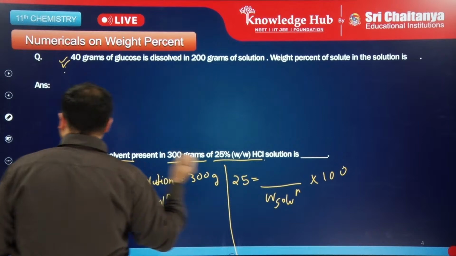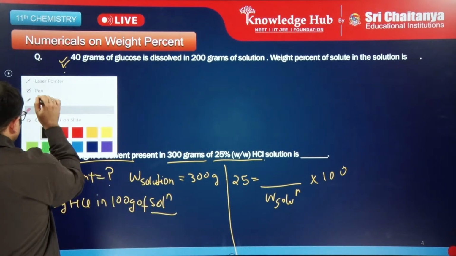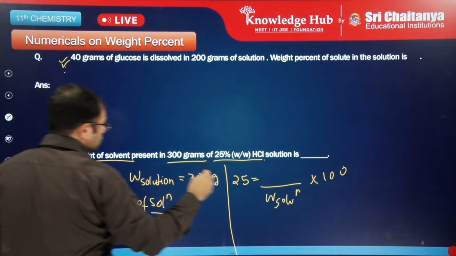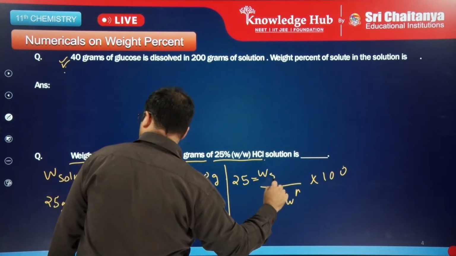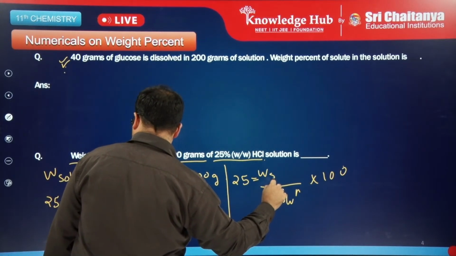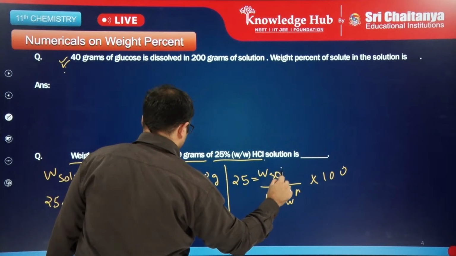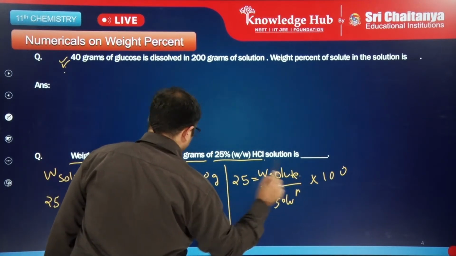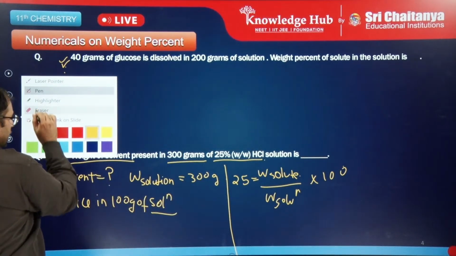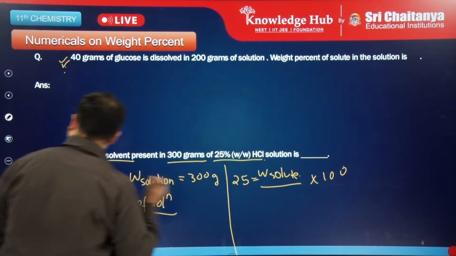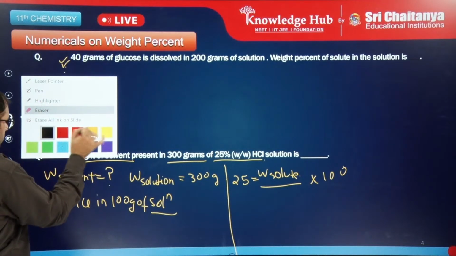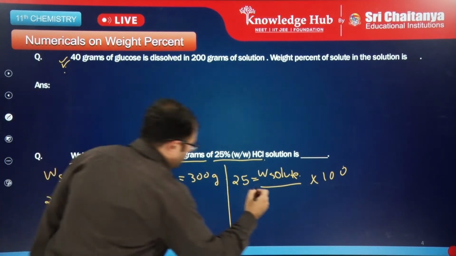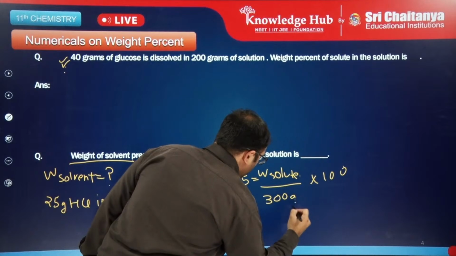Weight of solute is what we have to determine. Weight of solution is given to you. How much is it? 300 grams.